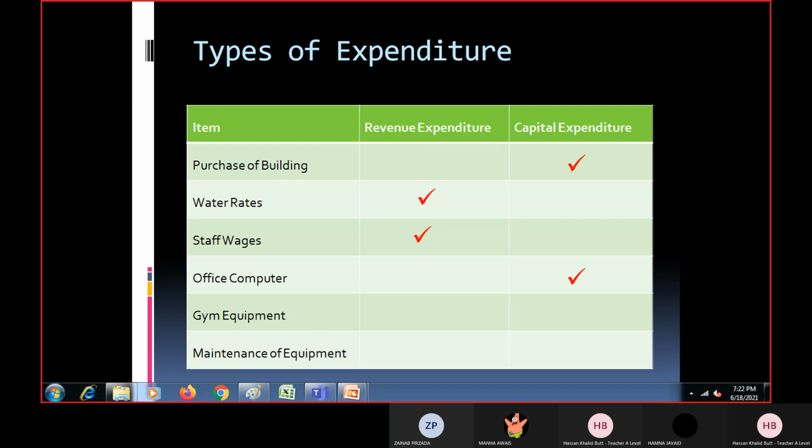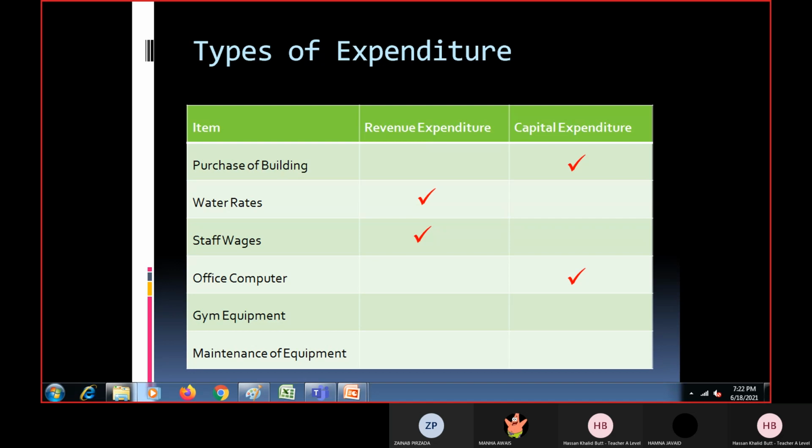So Zainab, are you able to talk? Zainab, please. Yes, Zainab. Go ahead. I can hear you. Zainab, repeat the question: maintenance of equipment. What is it? Revenue or capital?